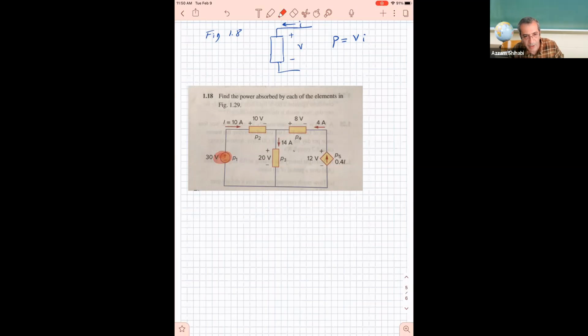DC voltage source, a battery. The voltage of the battery is 30 volts and it is giving a current of 10 amps. What is the value of the power?